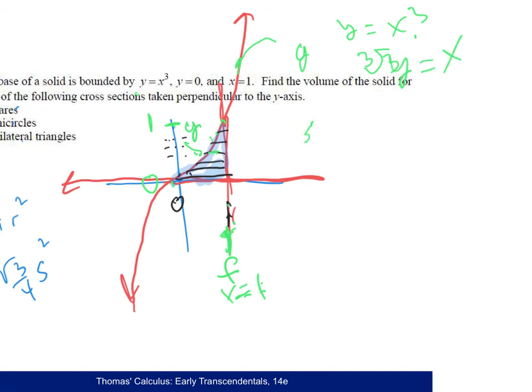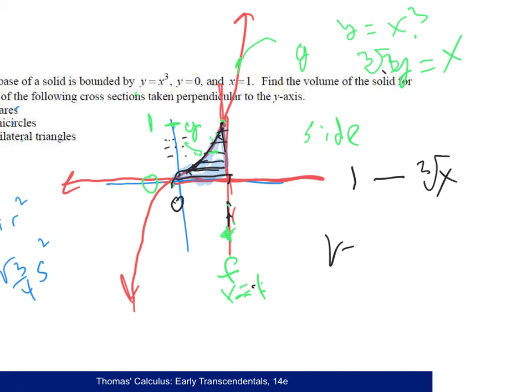So that side we used before will be the right function minus the left function in terms of y. So I get 1 minus the cube root of y. That's how long each of these pieces are.